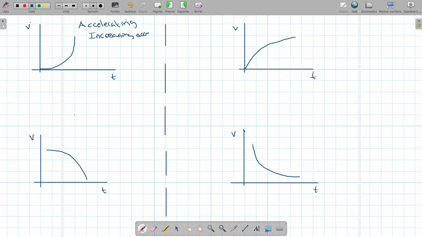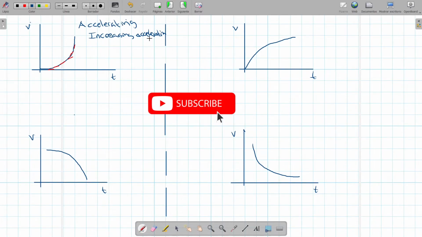Why? Because the slope is increasing gradually, and that's the way you can see it. Just try to draw the slope at each point, and you'll see that the slope will be increasing. So it is accelerating, but it's increasing acceleration.